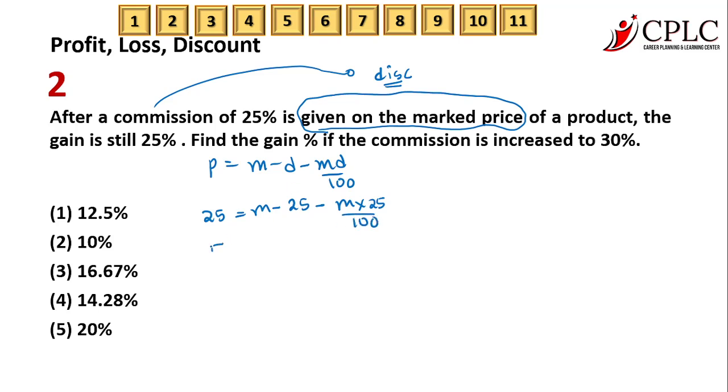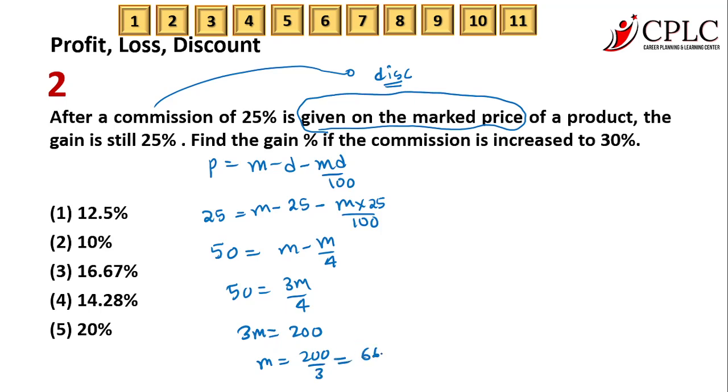So this minus comes here, becomes plus. 25 fours are 100. This becomes M minus M by 4. M minus M by 4 is 3M by 4. 4 goes there. 3M is 50, 4s are 200. M is 200 by 3, which is 66.66%. So we have found out the markup percentage.